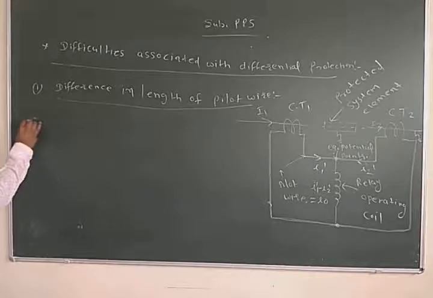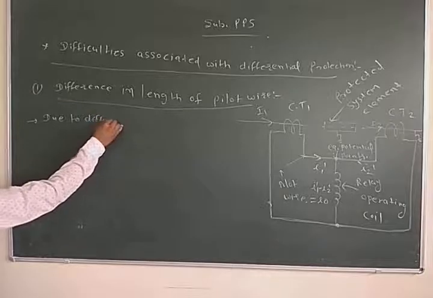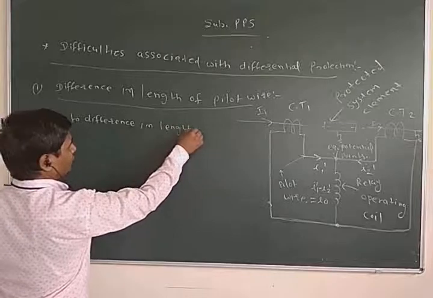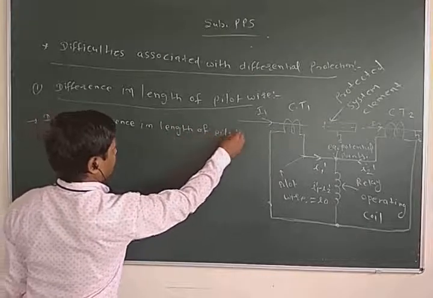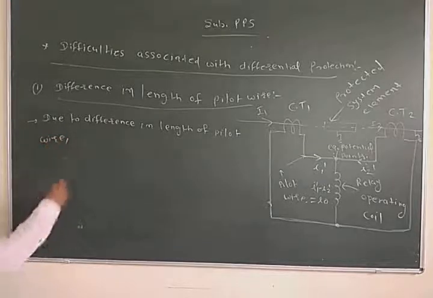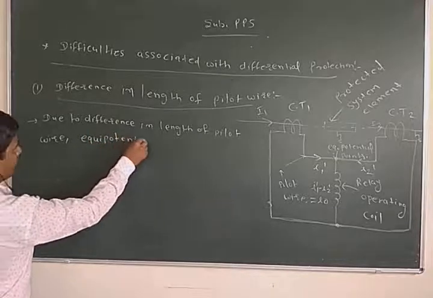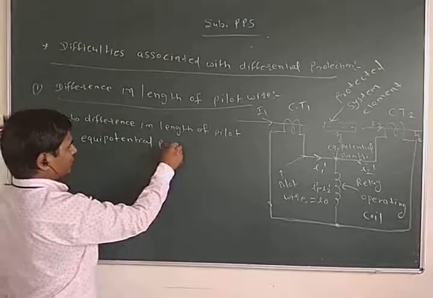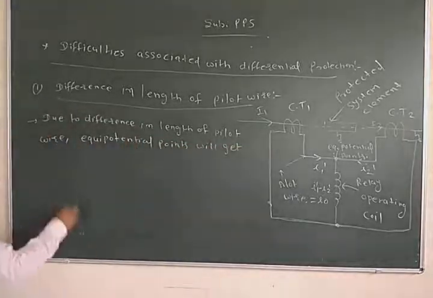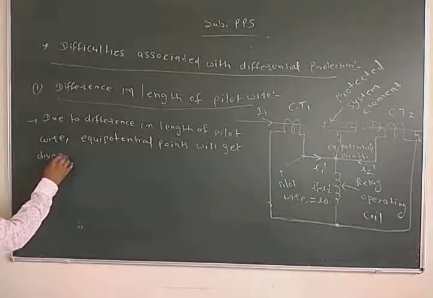So we can write: due to difference in length of pilot wire, equipotential points will get diverted.